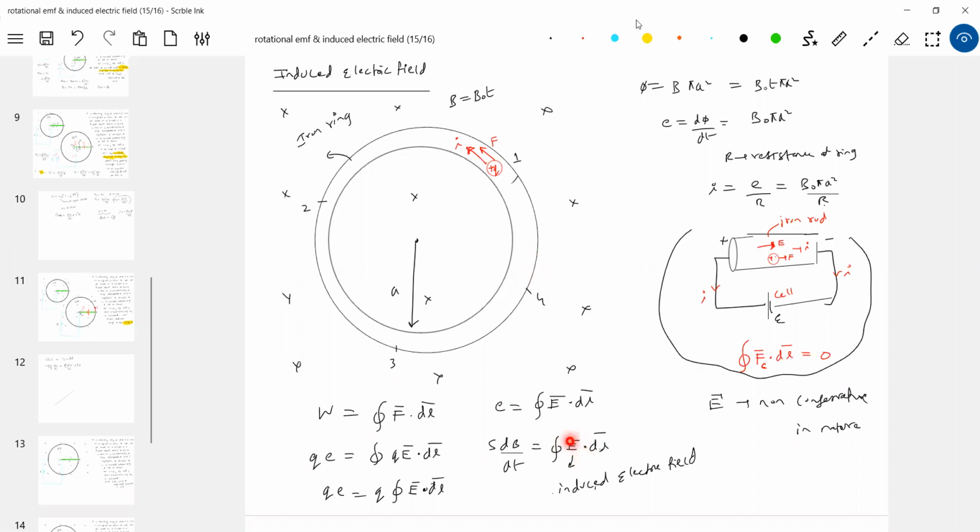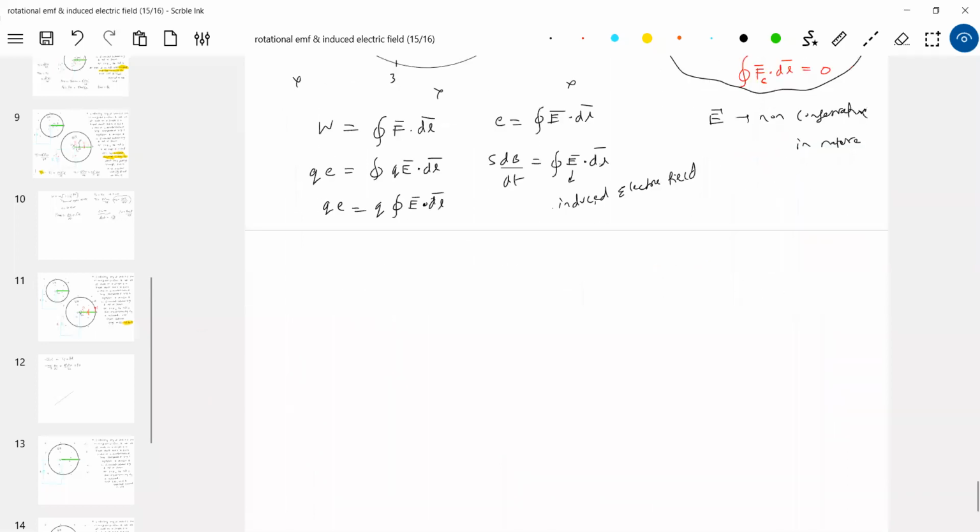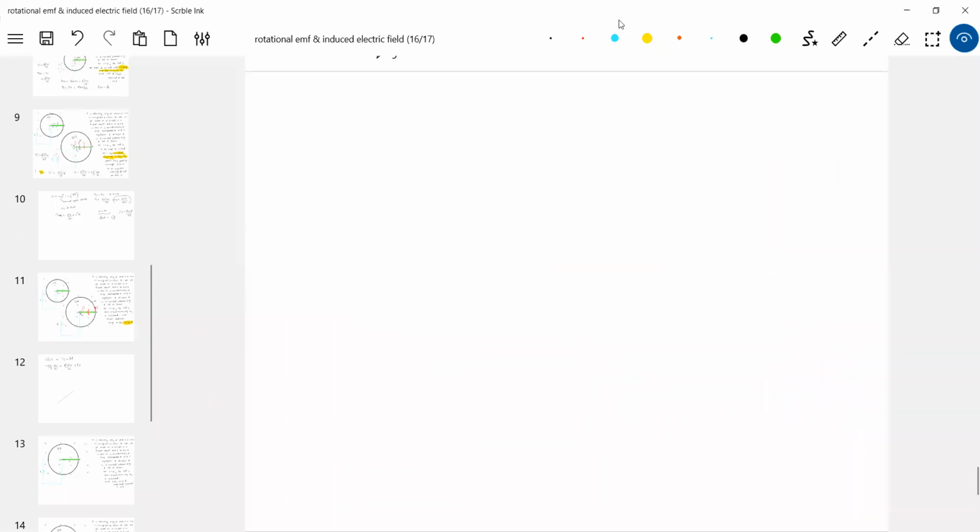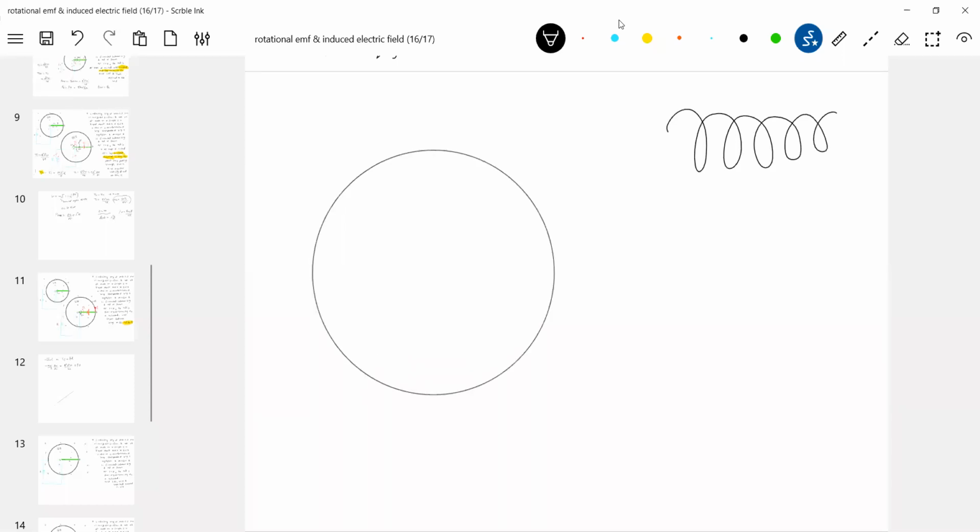Now the question comes: how do we calculate this field? Can we calculate this induced electric field? Yes, we can. So let's take the solenoid. All of you know the solenoid now. Through the solenoid, I'll send a current which is going to increase with time. B is equal to mu naught N i, and the field will be like this.